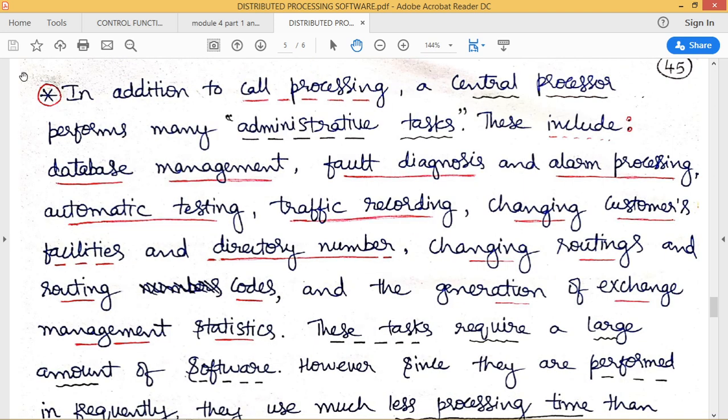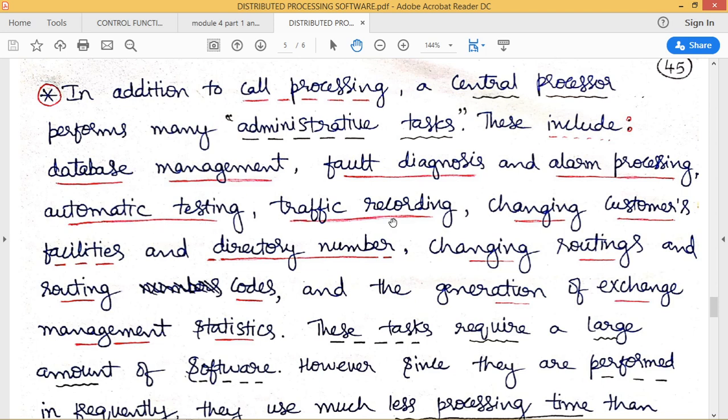So we have seen how call processing is being made by the exchange. In addition to call processing, a central processor performs many other administrative tasks. Those administrative tasks include database management, fault diagnosis, alarm processing, automatic testing of lines, which is what line scanning is about.